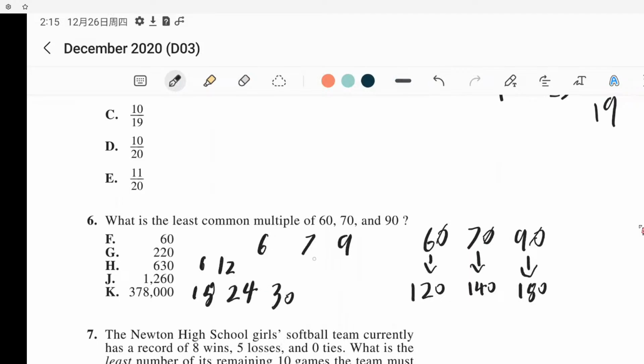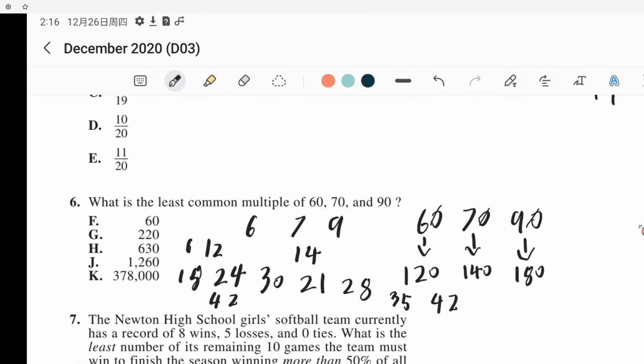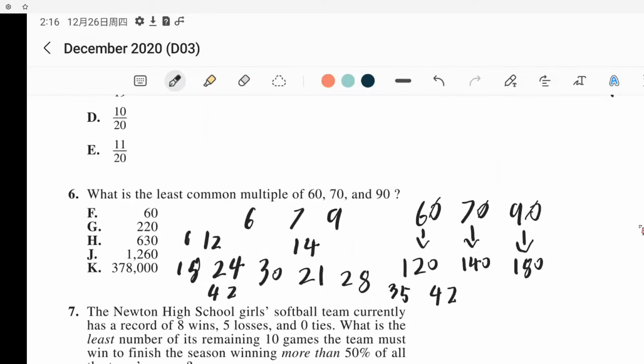We know that 7 has 14, 21, and 28. Next up, we have 35, 42. We know that 6 times 7 equals 42. But 9 does not work with it because 42 is not divisible by 9.